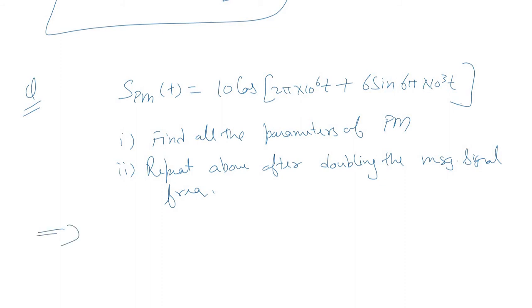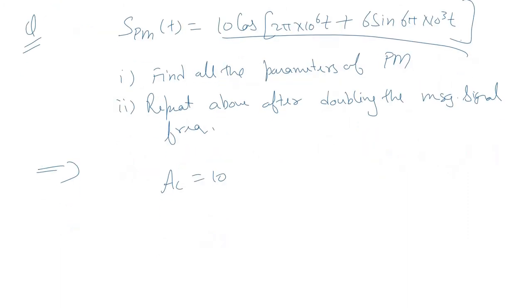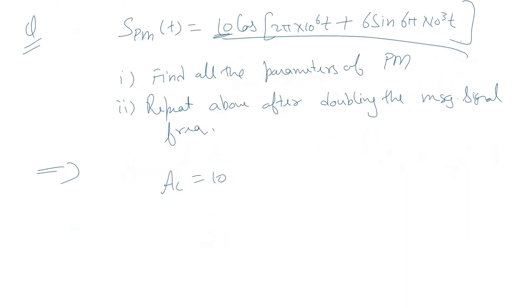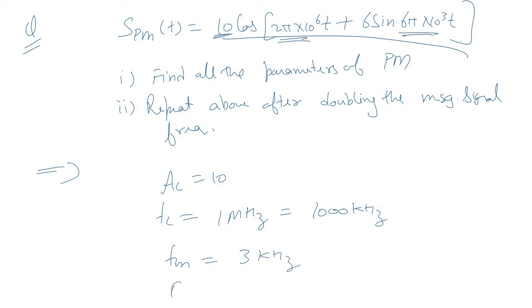Alright, so if we compare this expression with the standard expression, we can say that AC is equal to 10 clearly, right? FC, carrier frequency, is equal to 1 megahertz or 1000 kilohertz. FM is equal to 3 kilohertz, and beta is given as 6.